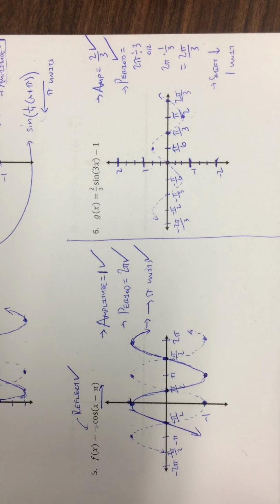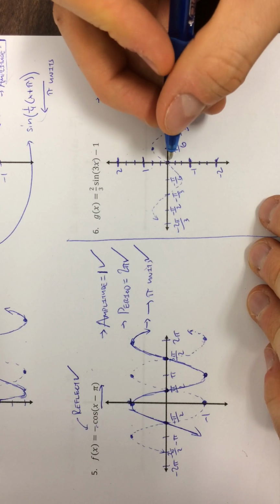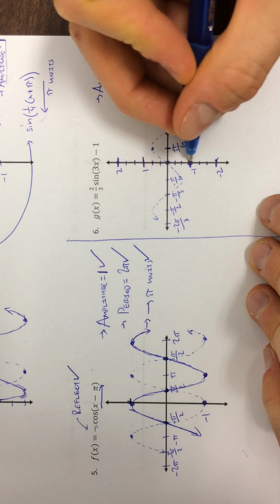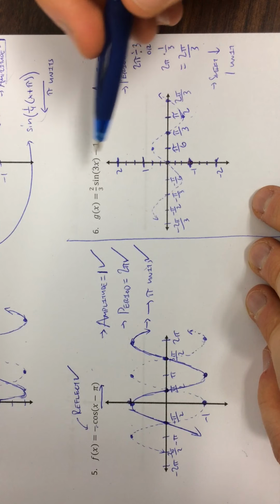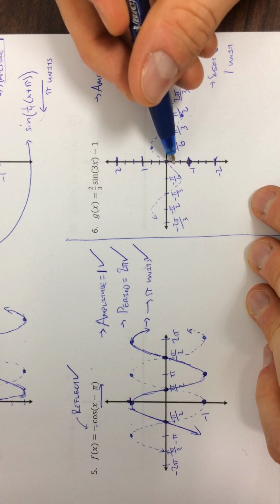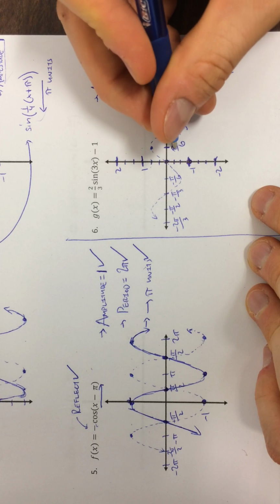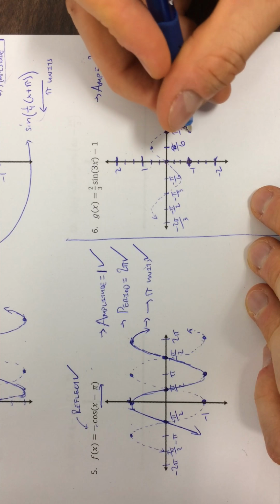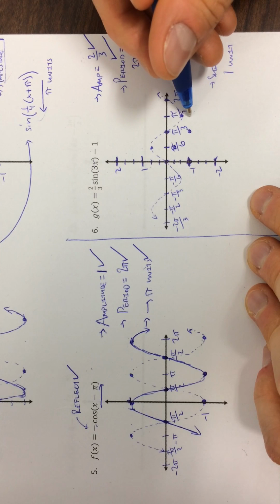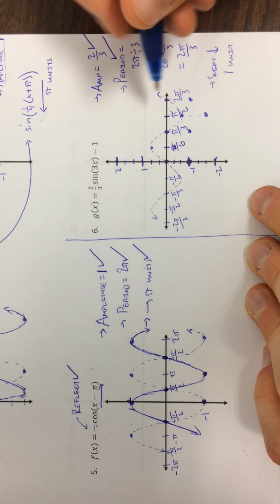The last transformation we need to do is shift down 1 unit. So again, let's start on the y-axis. 0, 0. If I go down 1 unit, this would be here. Now, the reason cutting into thirds is helpful is because, look, we went down 1, 2, 3/3. So here, 1, 2, 3/3. 1, 2, 3/3.